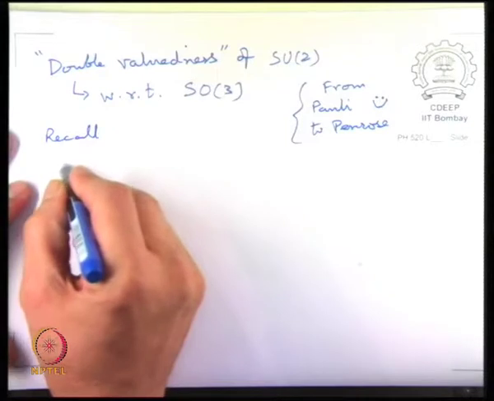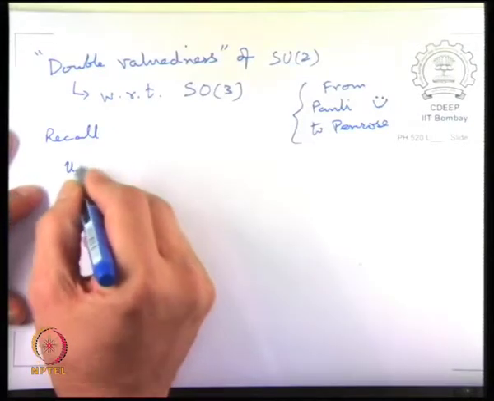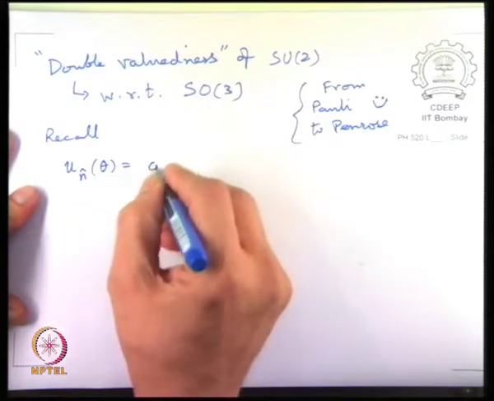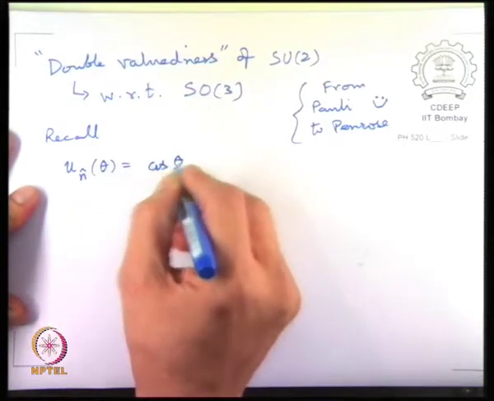Okay, so what is this double valuedness? The point is that in SU2, U of n cap theta was equal to cos theta by 2 times identity.